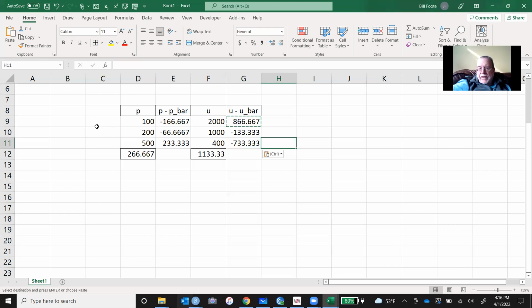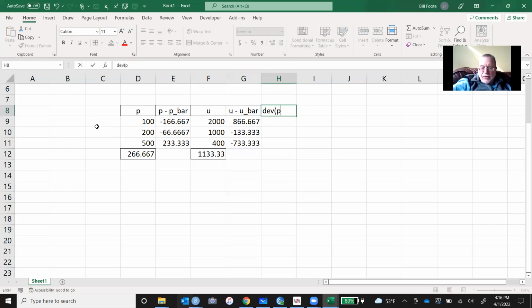Okay. The next piece here, we multiply. I'm just going to do a deviation in price times deviation in units, both from their respective means.